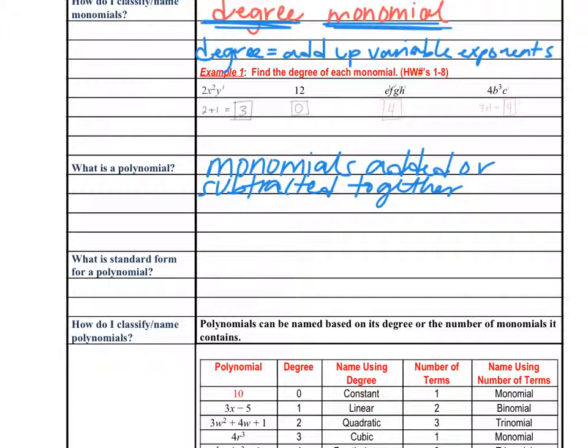For a polynomial to be in standard form, it says, what is the standard form of a polynomial? You want the degrees to decrease from left to right. So let's make that. Degrees are going to go largest to smallest.